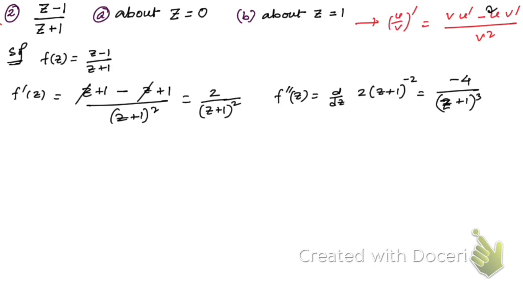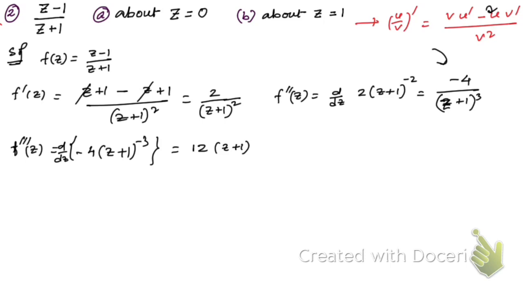Now if you differentiate again to get f triple dash z, we write it as minus 4 into z plus 1 whole to the power minus 3. Differentiating it again with respect to z, that's minus 4 into minus 3, which is plus 12, into z plus 1 whole to the power minus 4.